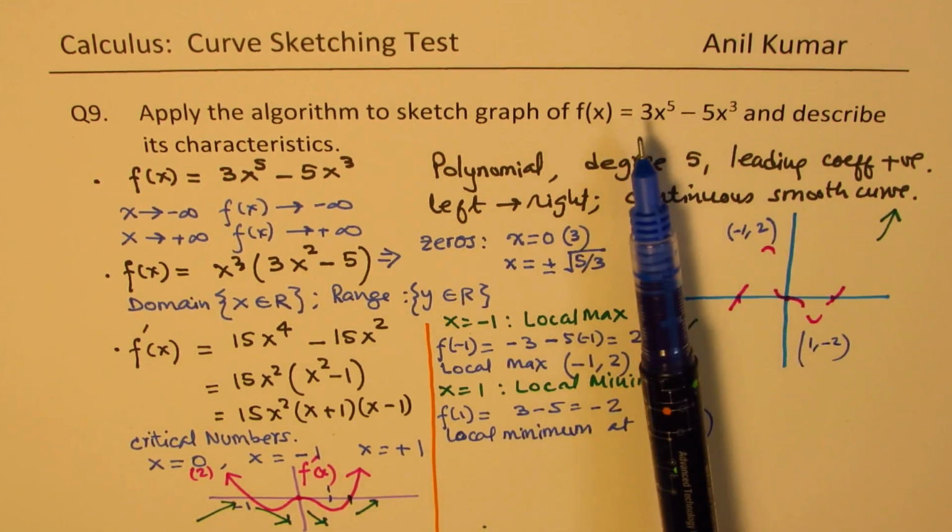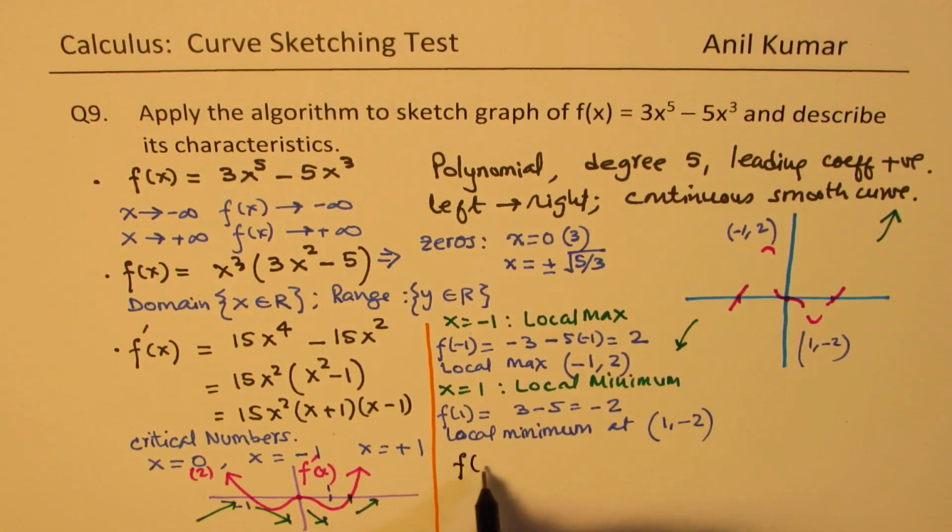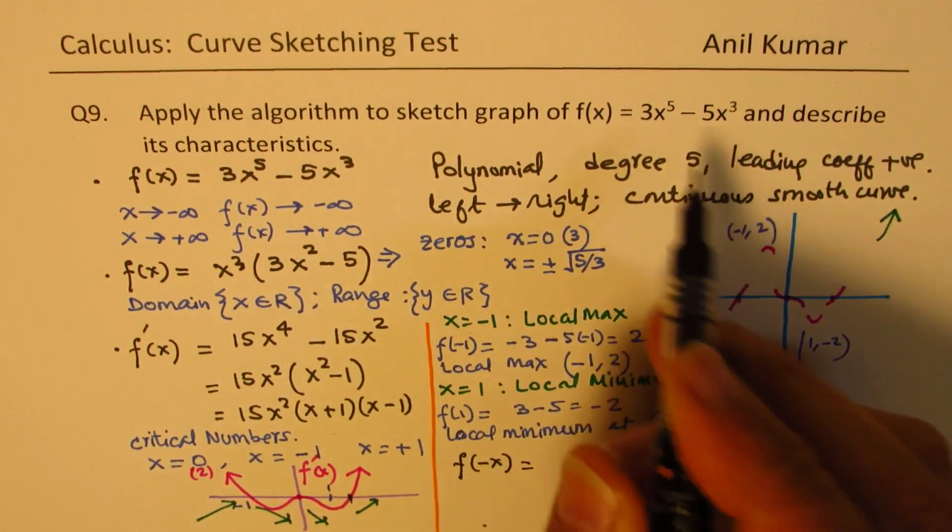Now, from the given scenario, you could also see that it's an odd function, and from this kind of sketch also, we saw that this is an odd function. Correct? So let's talk about odd and even functions. That's another characteristic. If I calculate f of minus x, what do I get?